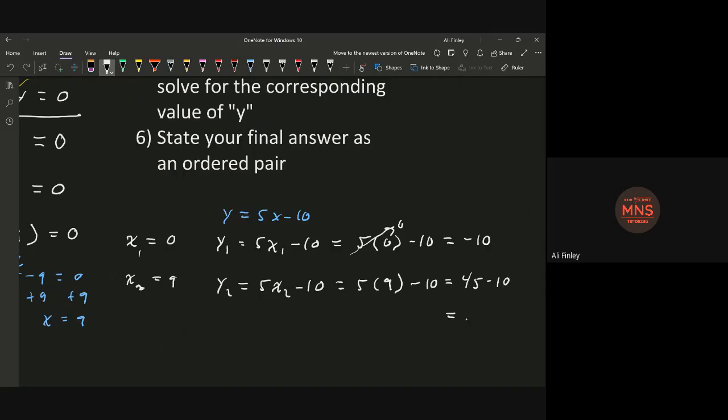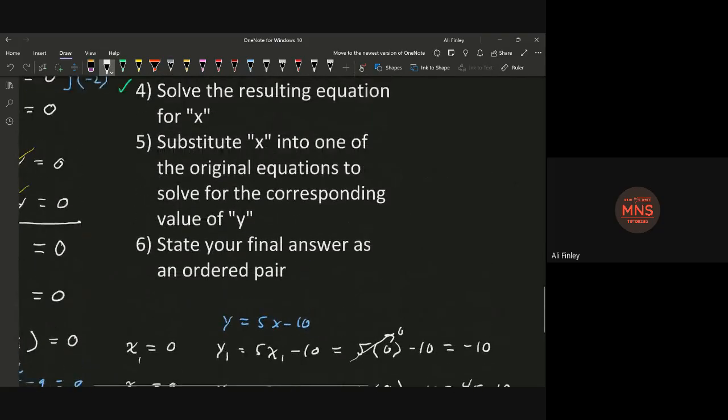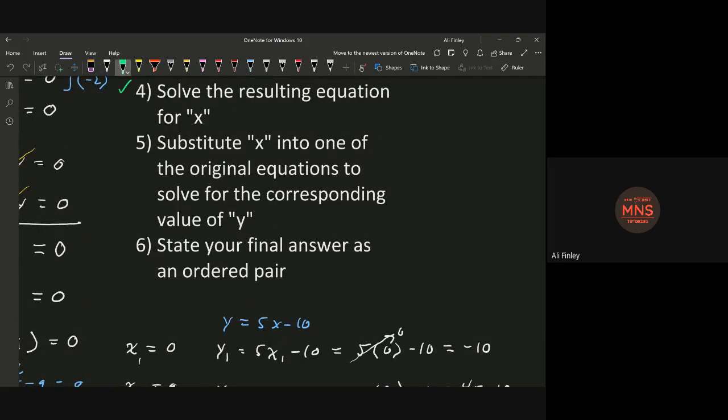Minus 10 will be 35. And with that, mathematician, we can notice that we actually have already done the substitution. We substituted x into the original equation in order to solve for the corresponding value of y. So the fifth step is already done.